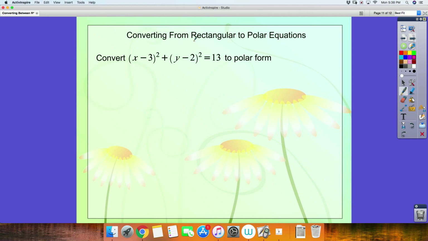Now we're going to try converting from rectangular to polar equations. Our goal with these is to get our x's and our y's by themselves to use that same equation that we just used on the other page: x equals r cosine theta and y equals r sine theta.